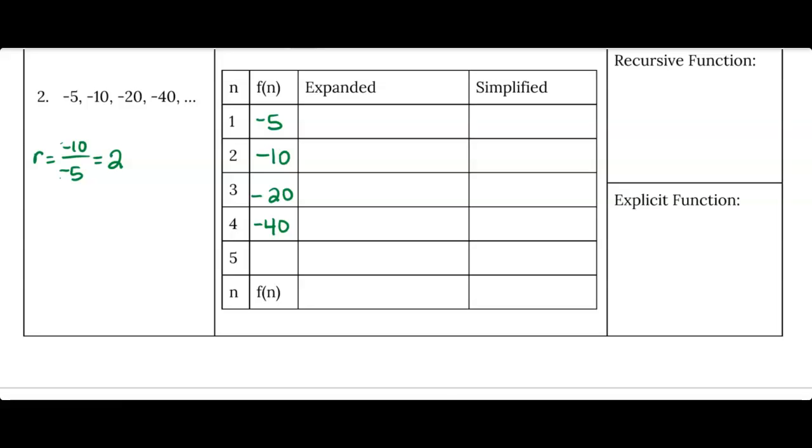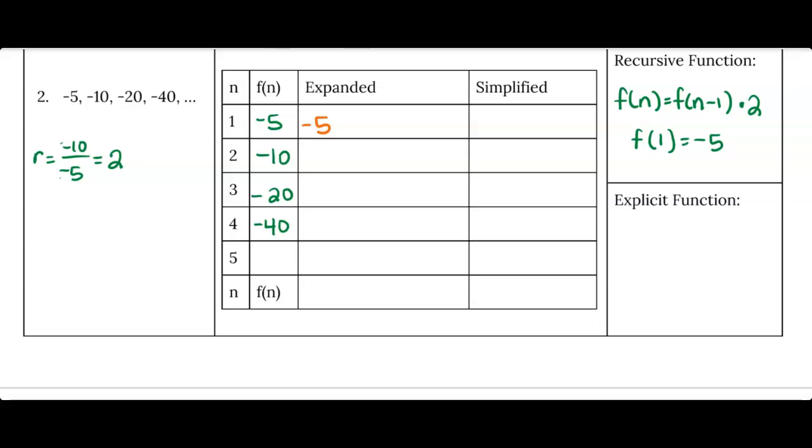So we can go ahead and write our recursive. F of n is equal to f of n minus 1 times 2, with f of 1 equal to negative 5. And then we'll use that to write out our expanded piece. Remember, we didn't do anything to get to negative 5, so we leave it as negative 5.